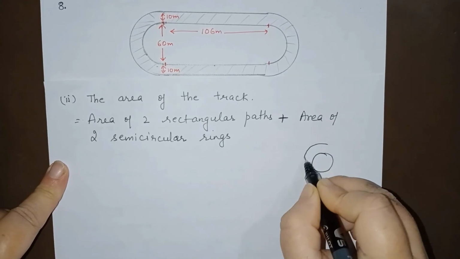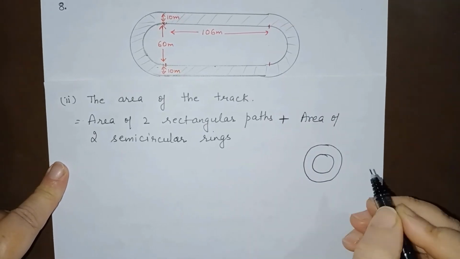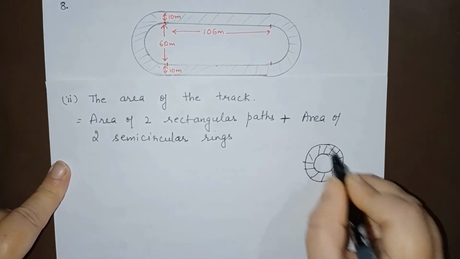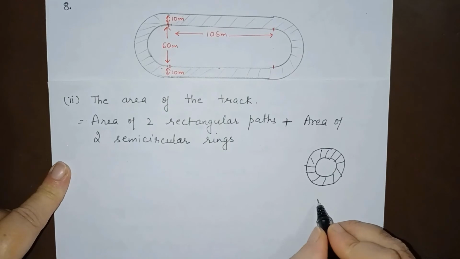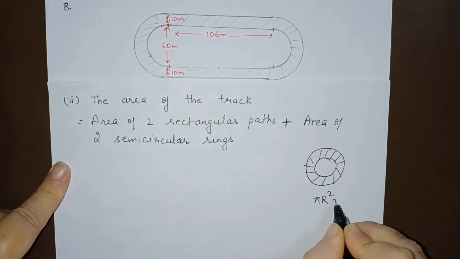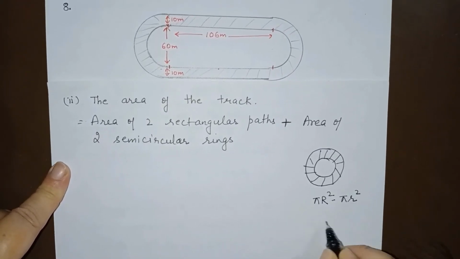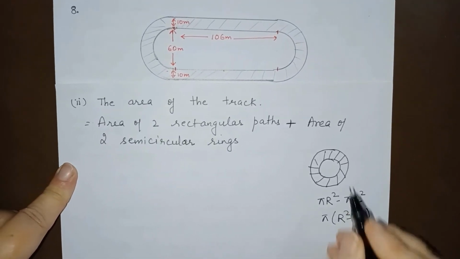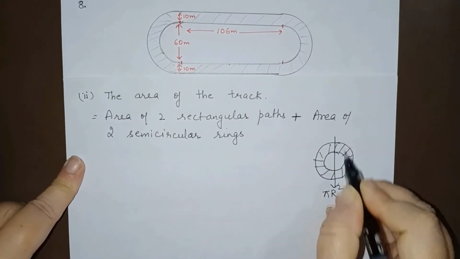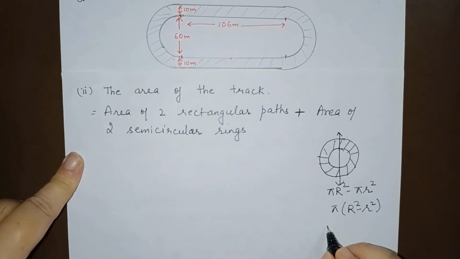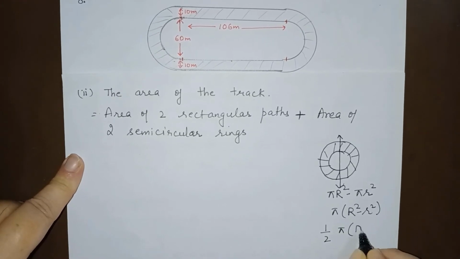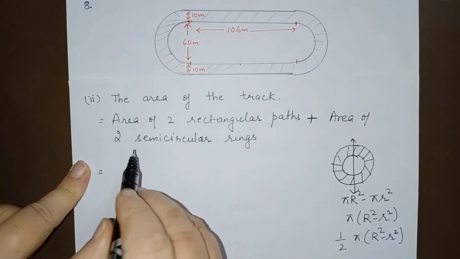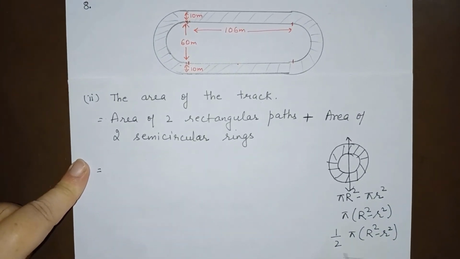This is known as a ring, and its area is given by area of outer circle minus area of inner circle, that is pi R square minus pi r square. And for a semicircle like this, its area will be half pi into R square minus r square. This is the area of one semicircular ring.